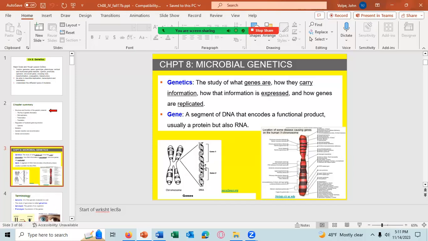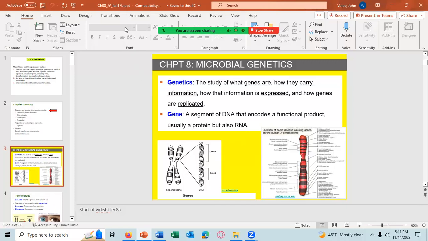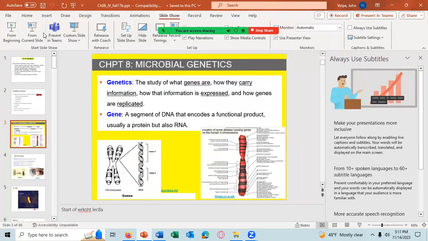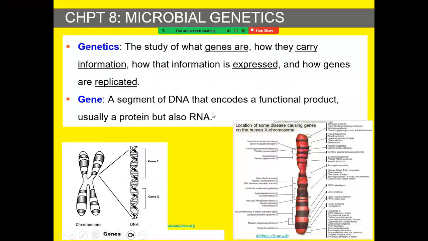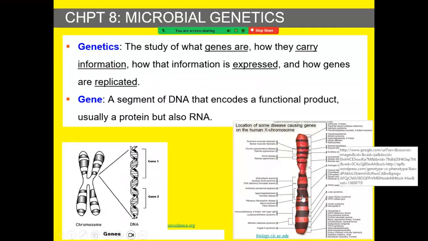And that would be this region here. And there's a chromosome. Let me blow that up so you can see it a little better. There's a chromosome, and we have mapped different locations of different genes. You notice this region here doesn't have a whole lot mapped to it.